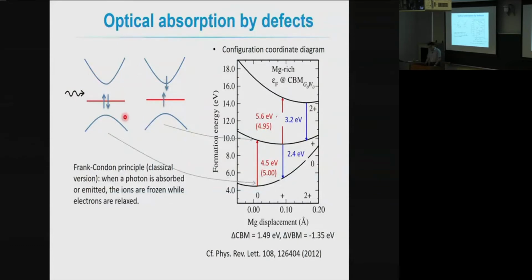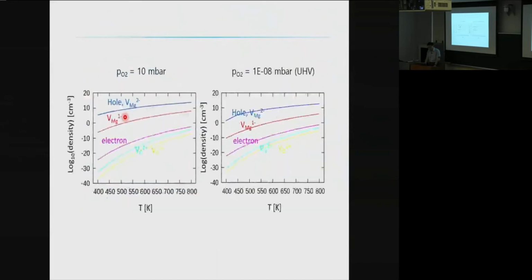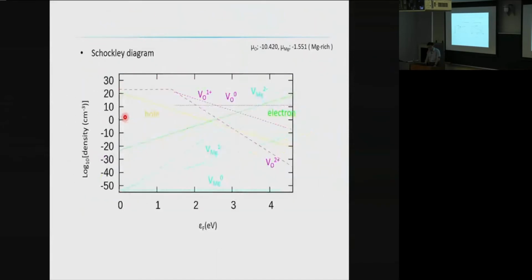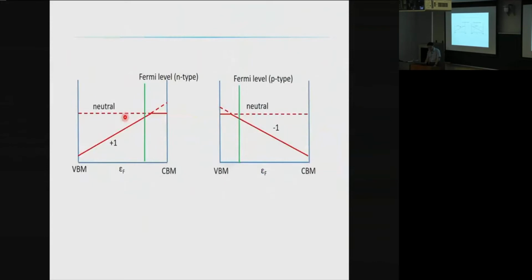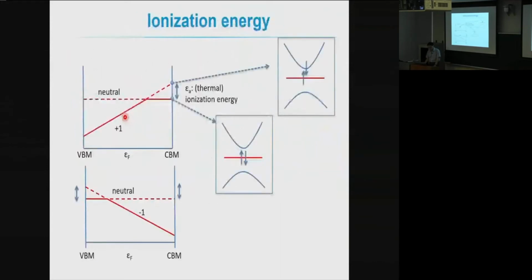All right? On the other hand, in the previous case, for instance, when we calculated this configuration here, we relaxed with the +1 charge state, right? You remember that this 1+ charge was calculated by relaxing everything, right? So this is why they call it a thermal ionization energy. It's thermally equilibrated.